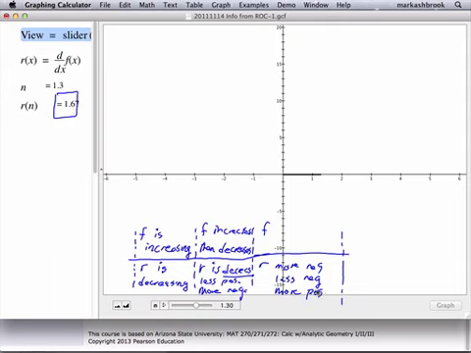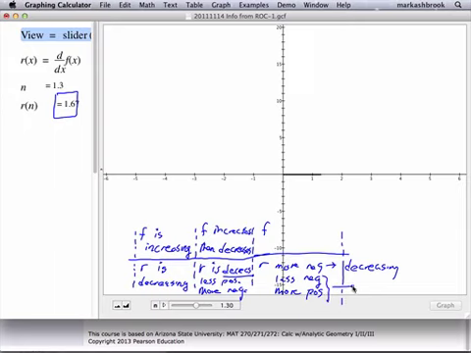So let's take a look here. When it was becoming more negative, what was the rate doing? Daniel, red shirt. When the rate was becoming more negative, what was the conclusion? Decreasing. Okay? When it was becoming less negative, what was it doing? Increasing. And what about more positive?